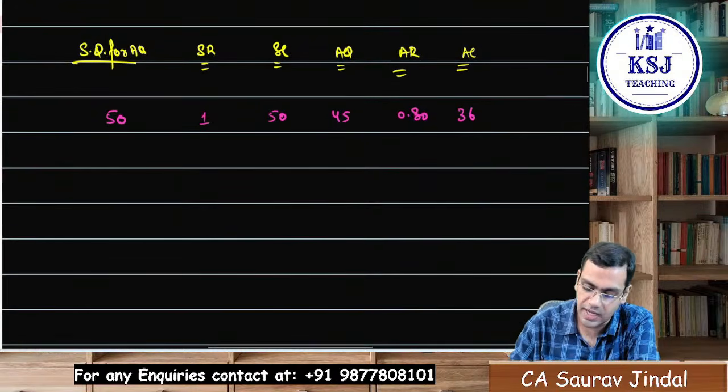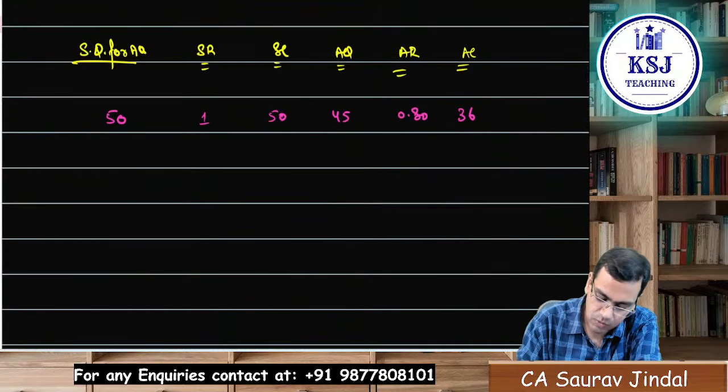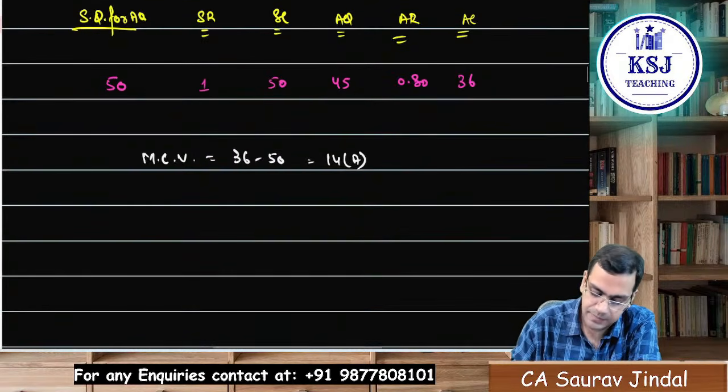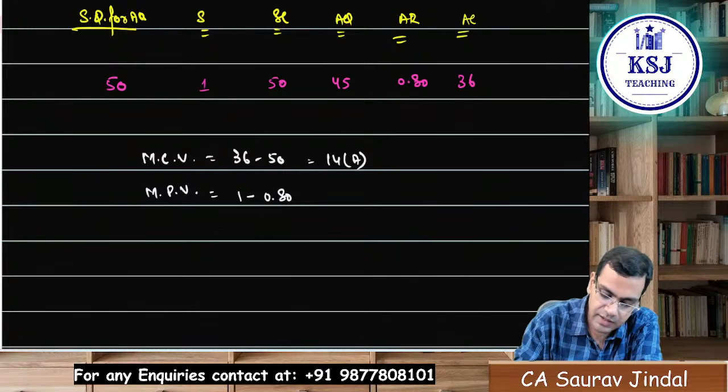Now if you want to calculate the cost variance, what will be the material cost variance? That will be 36 minus 50, 14 adverse, right? What will be the material price variance? That will be standard price 1 minus actual price 0.80. Here now write price instead of rate.